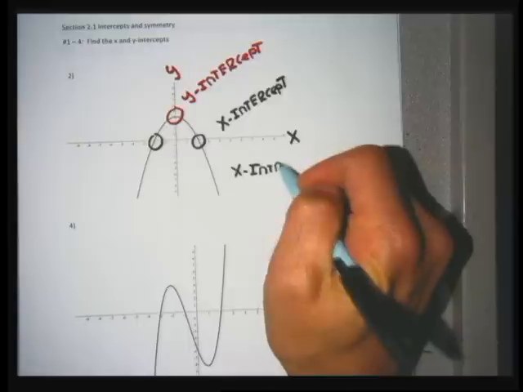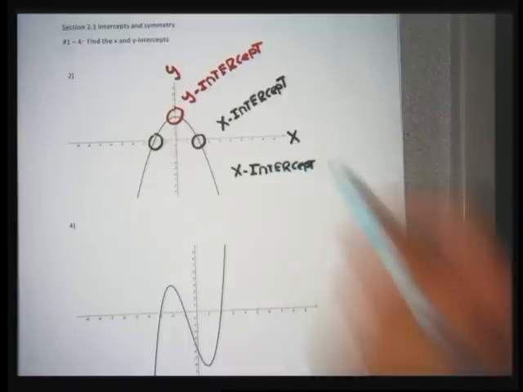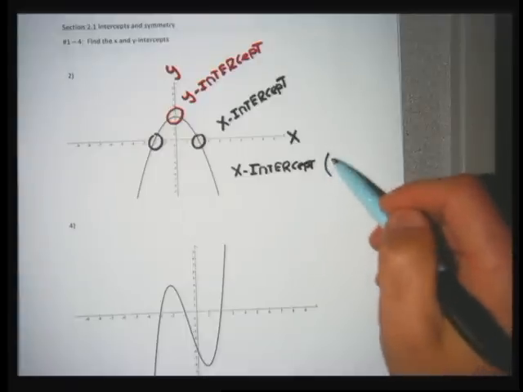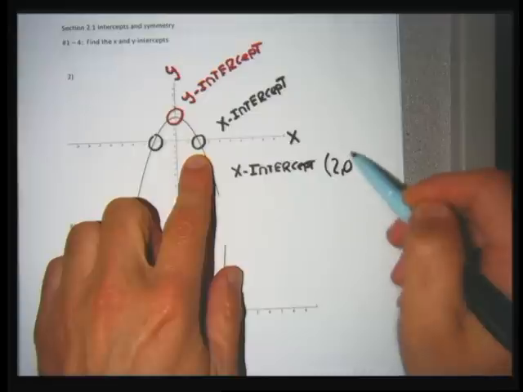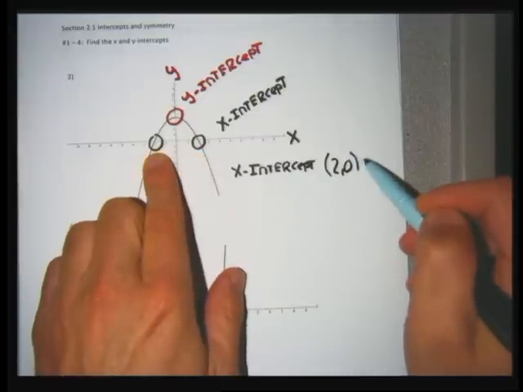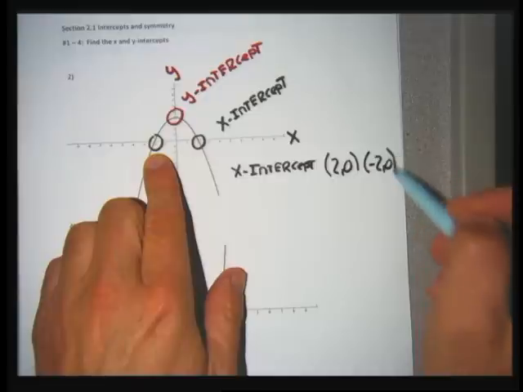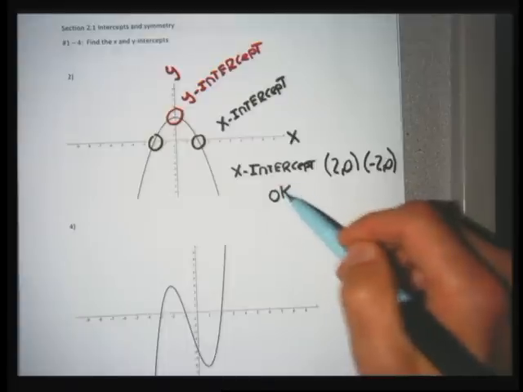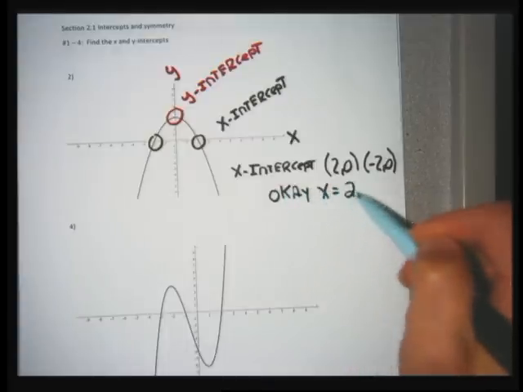If you're asked to find an intercept, because an intercept is a point and a point has an x and a y, it's best to write your intercepts as points. That's actually the point (2, 0). And the second one that I circled is the point (-2, 0). If this was a test, I wouldn't want it, but I would live with you writing x equal to 2 and -2.